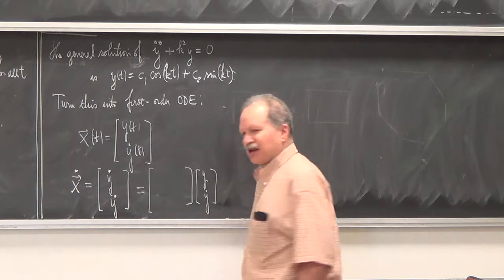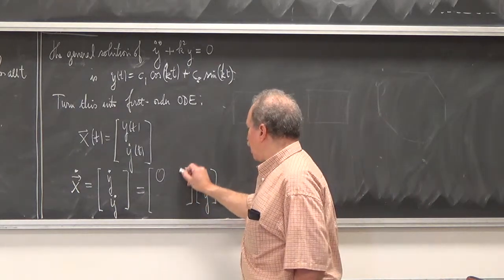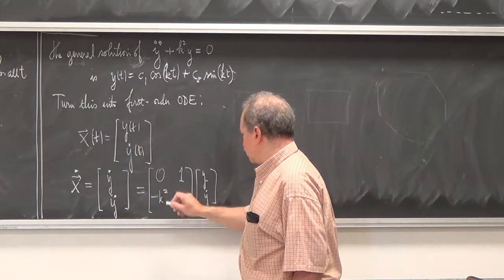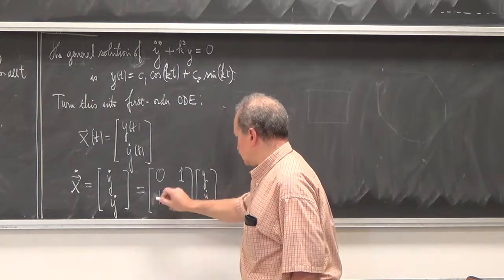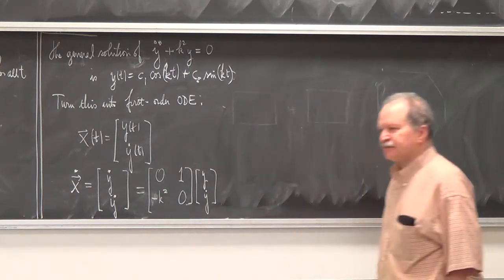So we did this yesterday for a couple of examples, right? So you get a 0, 1, and a minus k squared, 0 here. Is that right?